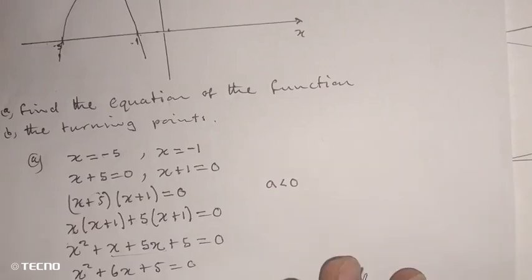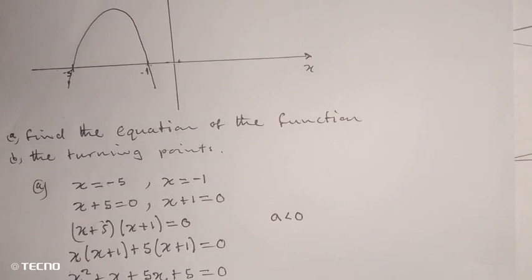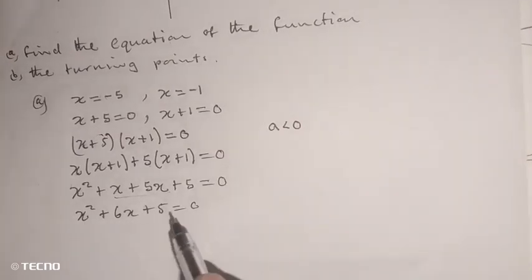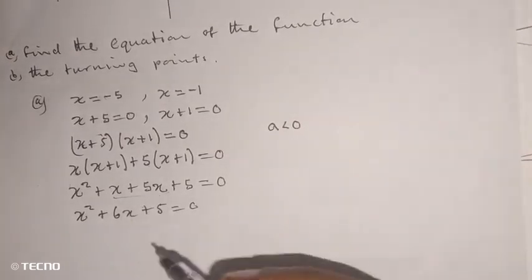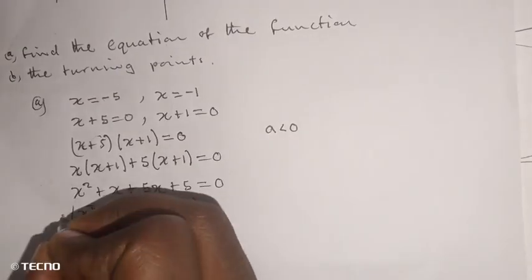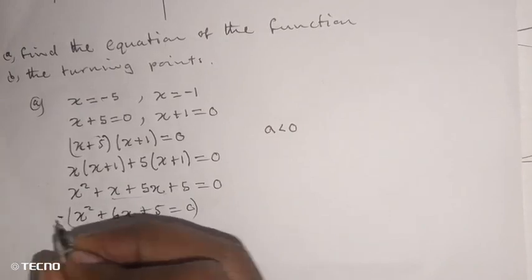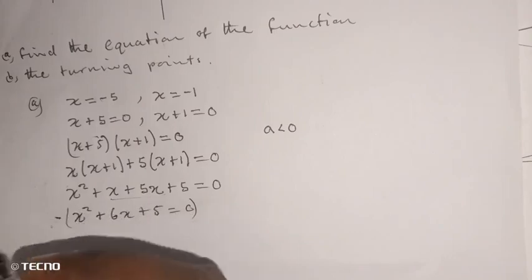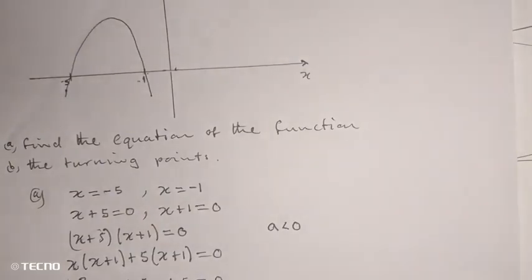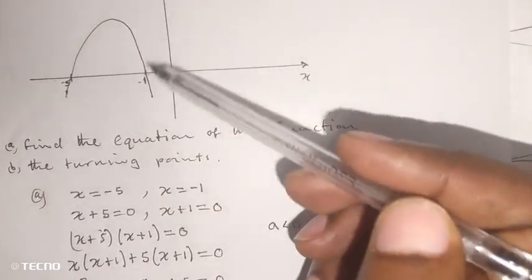So when the a is less than 0, you need to know that it has a maximum turning point. So here we are going to multiply throughout by a negative sign. So once multiplied by a negative, we introduce a negative. Okay, so the reason why we are introducing a negative is to make sure that this equation qualifies with the sketch where this sketch has got a turning point.